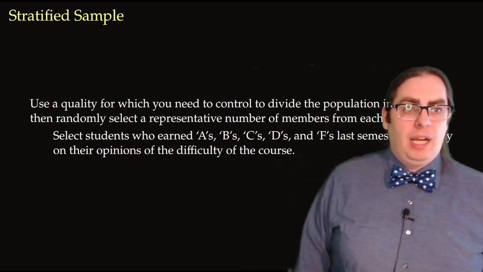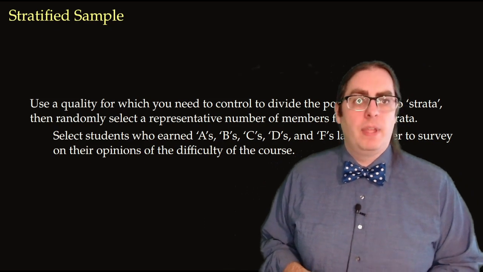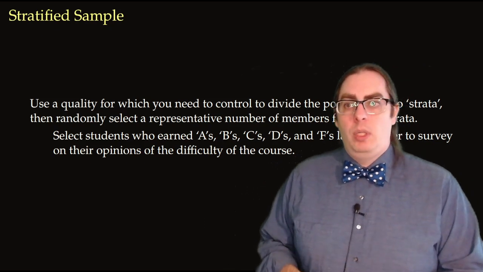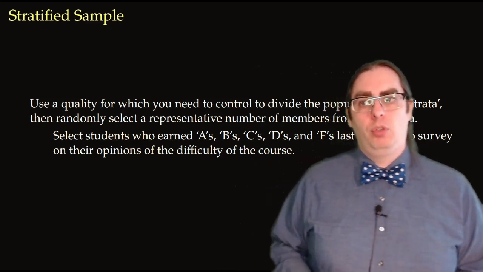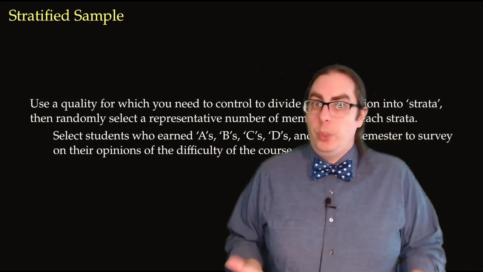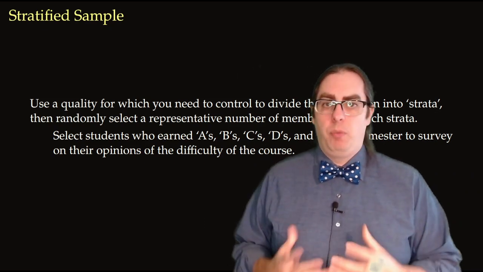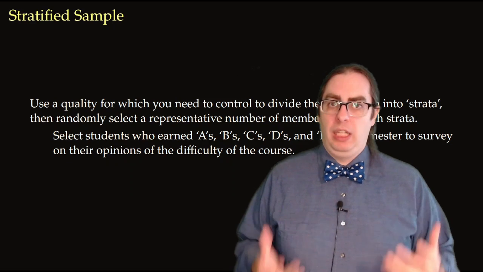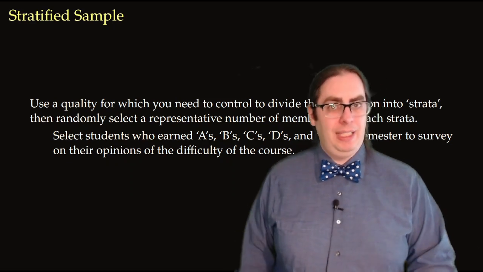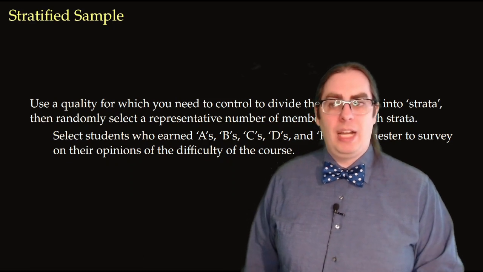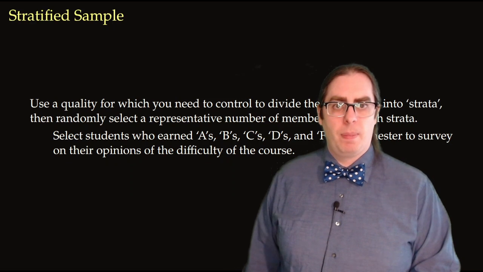In the example that I'm more familiar with here, that I'm standing in front of, if I know the portion of students who earn an A, the portion of students who earn a B, and so on, which I can get pretty readily, the statistical analysis of what percentage of students in a course earn an A, B, C, D, or F is a really easy statistic to calculate, and we tabulate that regularly for our classes.